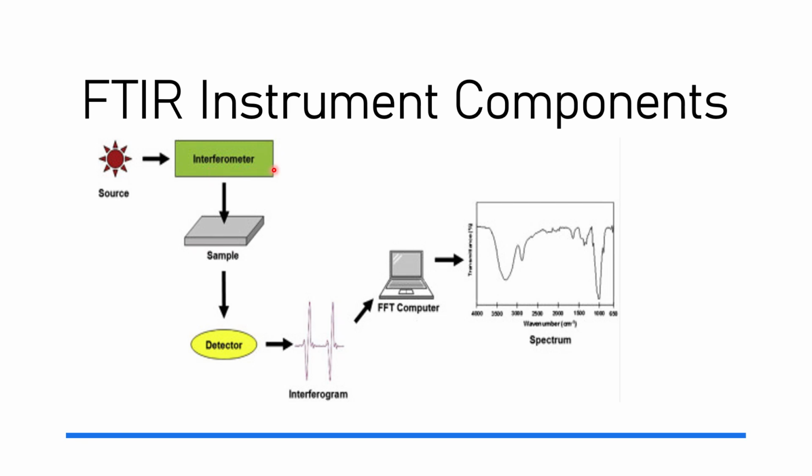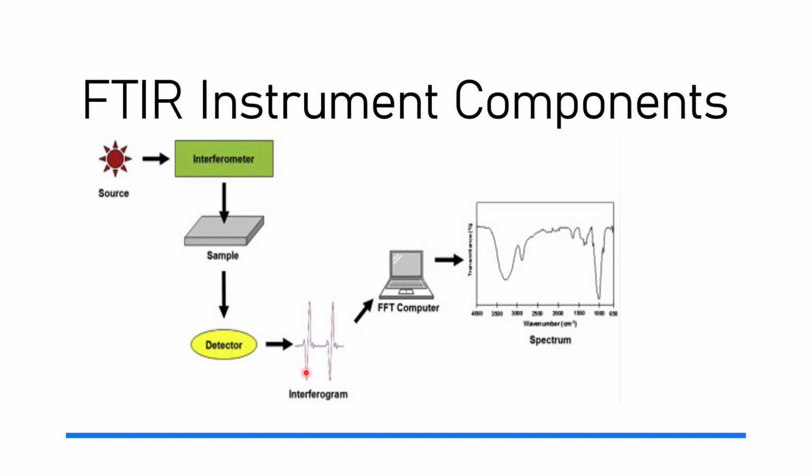That means it will split into two beams, and this modulated beam passes through the sample, and the transmitted light reaches the detector, right? So generally a helium neon red light detector is used, right? So this detector records the signal as an interferogram, right? So it will generate the interferogram like this, right?